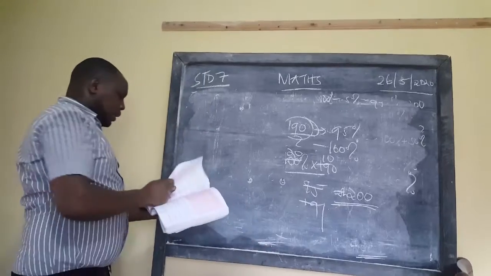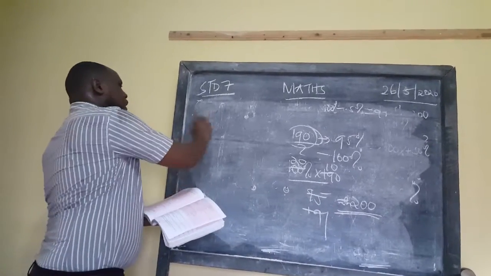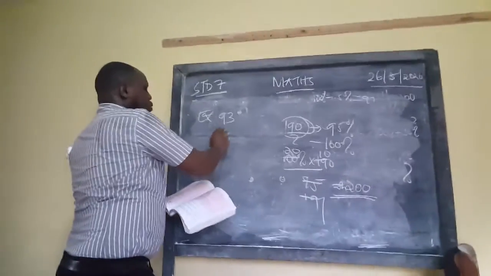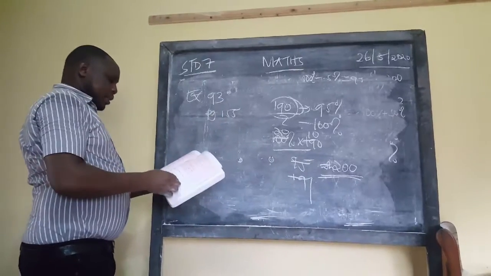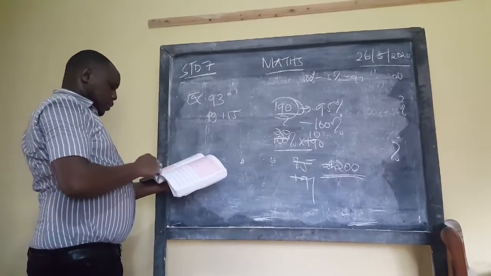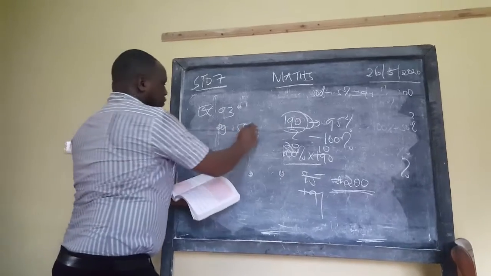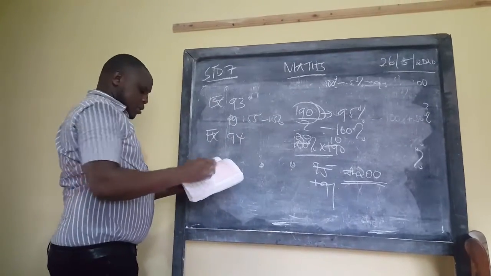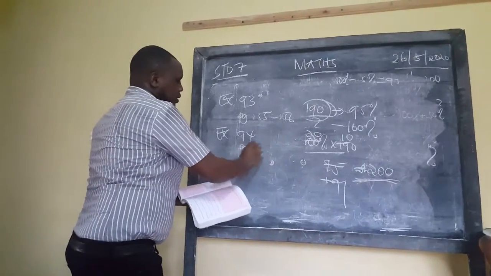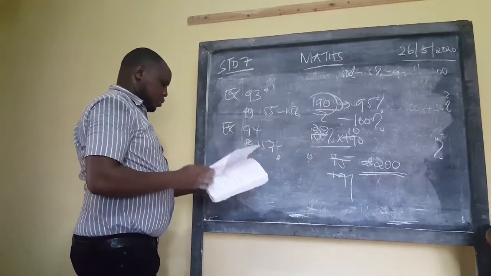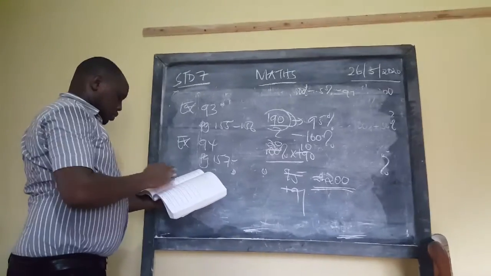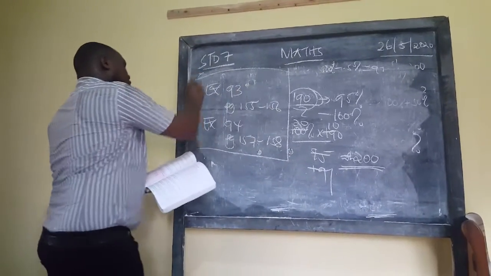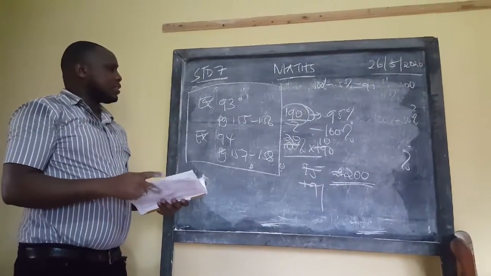I want to give you work from exercise 93, that is on page 155 through 156, and then exercise 94, page 157 through 158. Do practice on these questions, following keenly on what we have just discussed here.